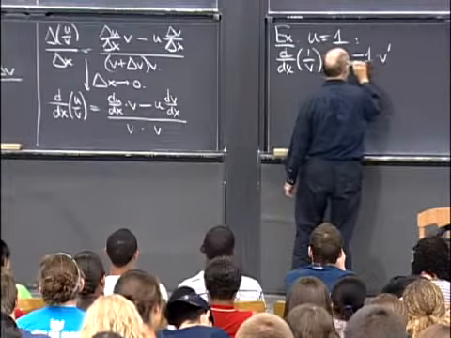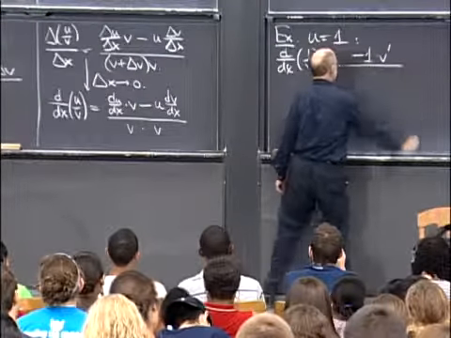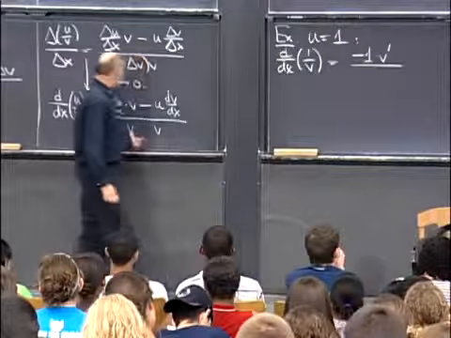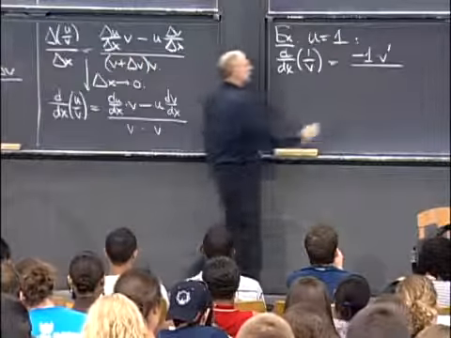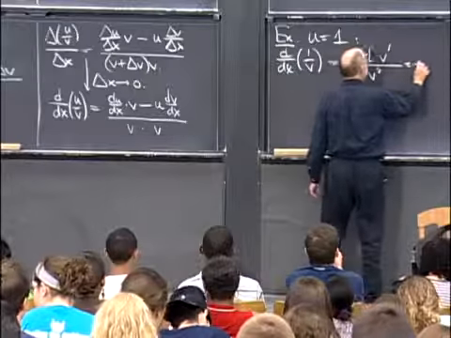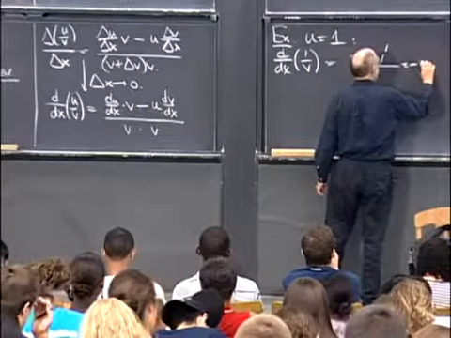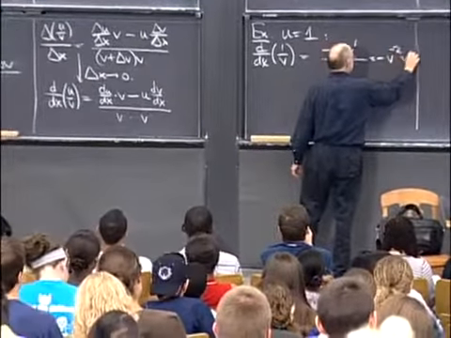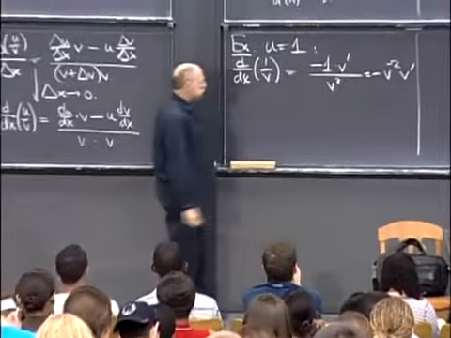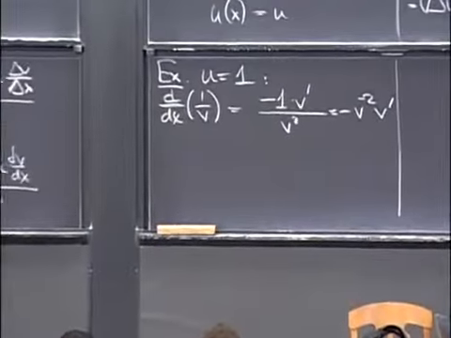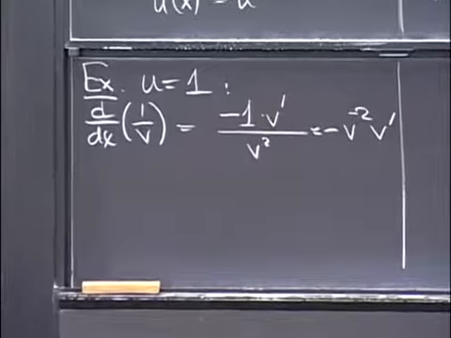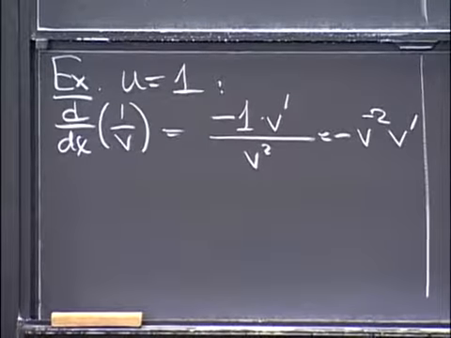I'll write dv dx as V prime. And then I get a V squared in the denominator. So that's the rule. Minus, I could write it as V to the minus 2 times V prime. Minus V prime divided by V squared. That's the derivative of 1 over V.